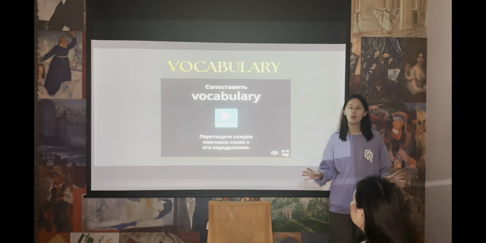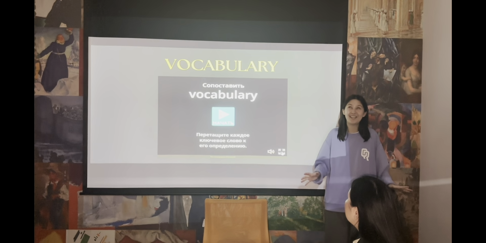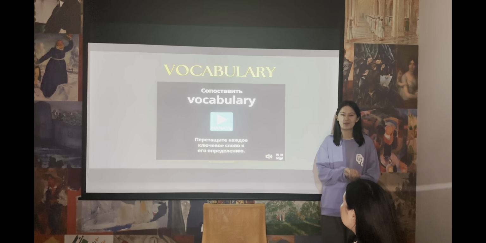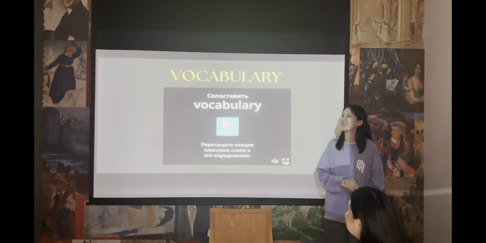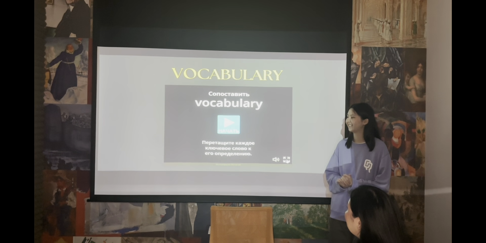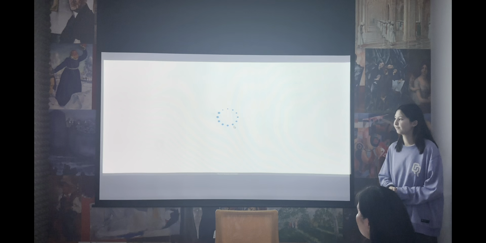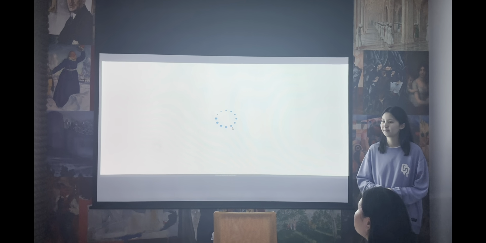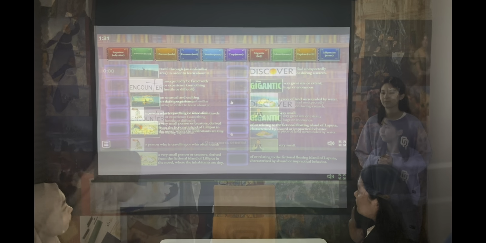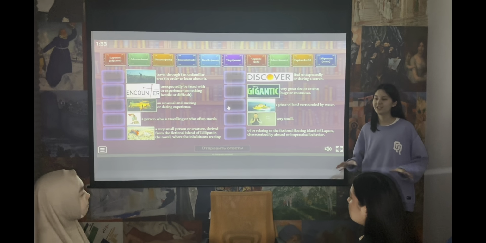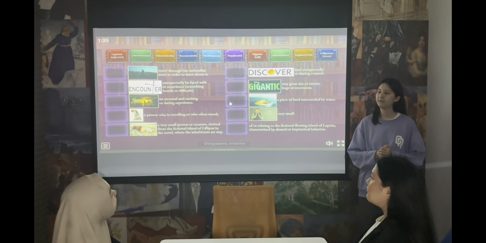Now, children, we are going to learn very fascinating new words about our topic. Are you excited? Yes. Okay, let's do this task. Let's check these new words with their definitions.